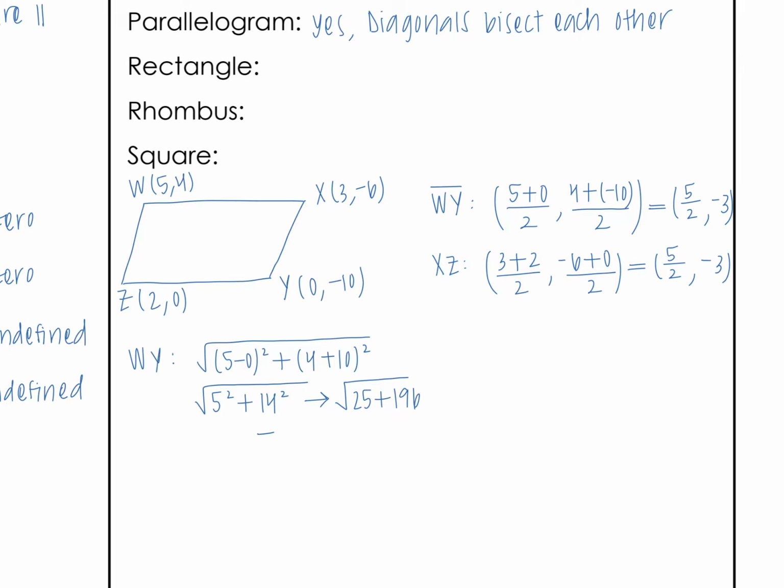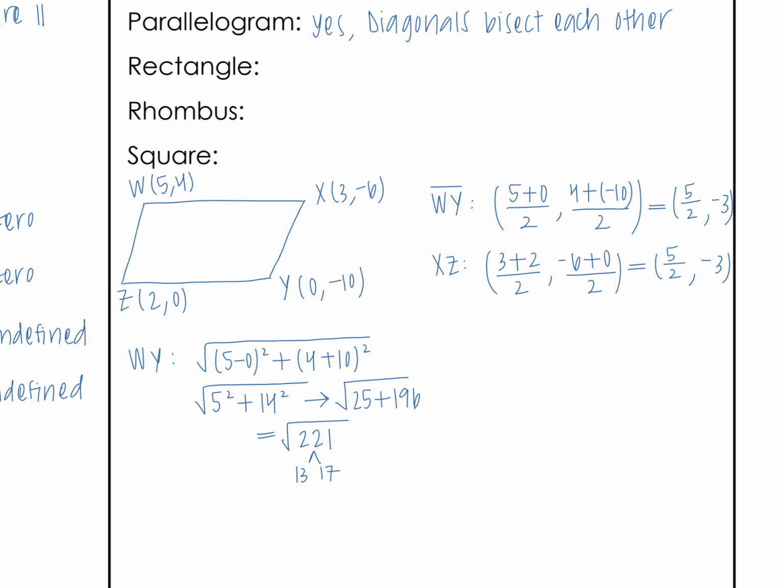And then just adding those together, we'll get the square root of 221. Okay, and so then trying to just simplify, some factors are going to be 13 and 17, both of which are prime. And so therefore, my answer is just going to be the square root of 221.